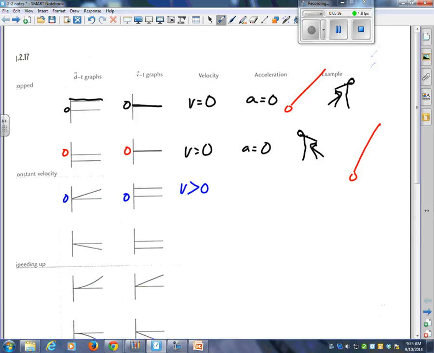It's greater than 0, and it's constant. How do we know it's greater than 0? Two ways. Here the velocity is above 0. Here we see that the slope is positive. And my acceleration would be equal to 0. How do I know my acceleration is equal to 0? Constant velocity, and the slope of the VT graph is flat.